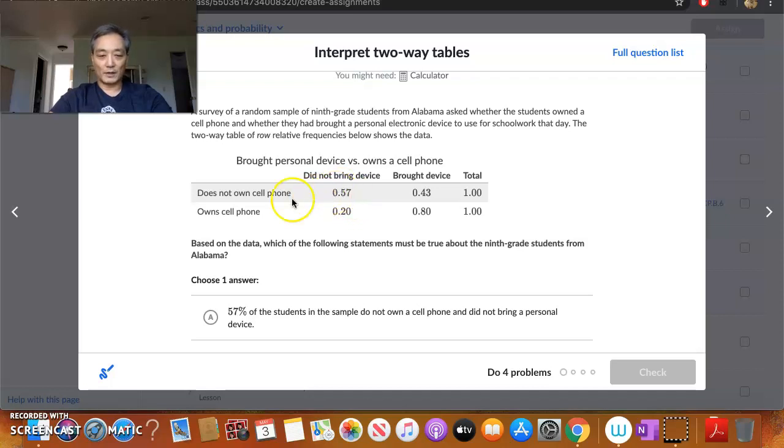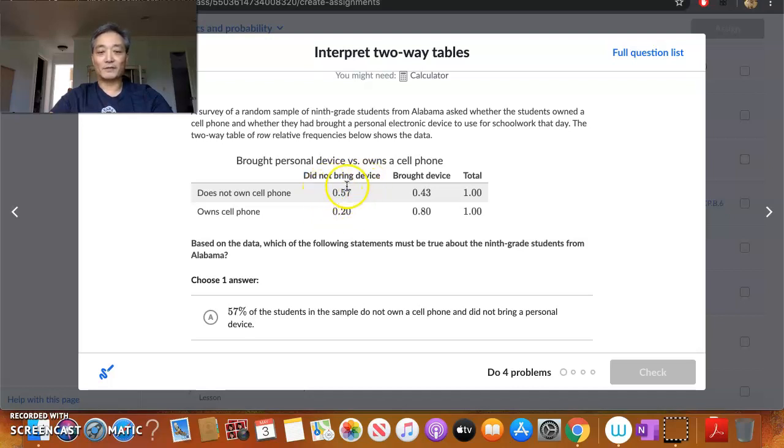It only relates to those who do not own a cell phone. Of the students who were surveyed, of those students who don't own a cell phone, 0.57 or 57% did not bring a personal electronic device. That's what this 57 relates to.